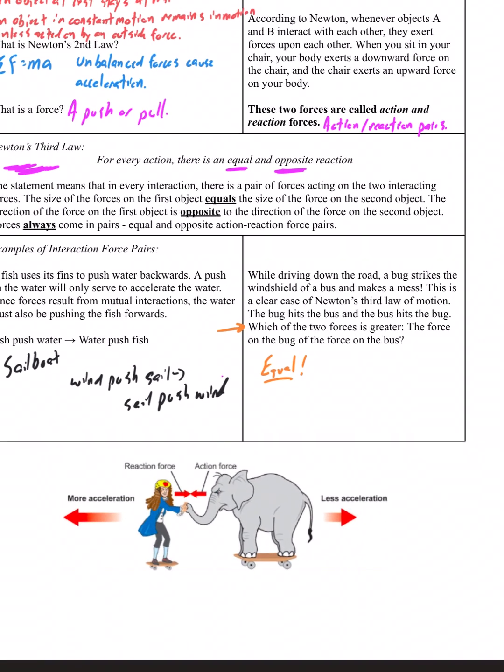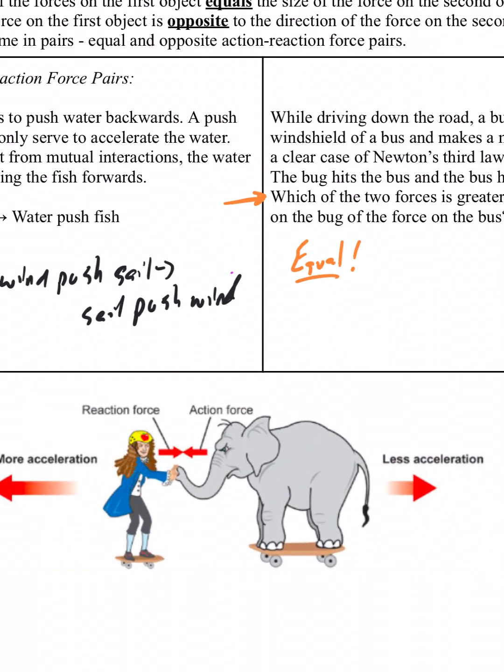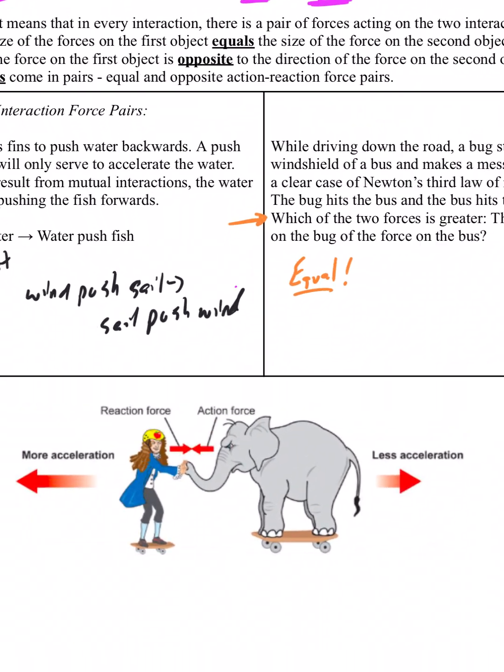So down here I have my example with the physics elephant on their physics skateboards and Sir Isaac Newton, right? So what happens is they both are generating a net force on each other. What happens though is Sir Isaac Newton has such a small mass but is accelerated at a far greater rate than the elephant, who has a big mass but is accelerated at a smaller rate to the right here.